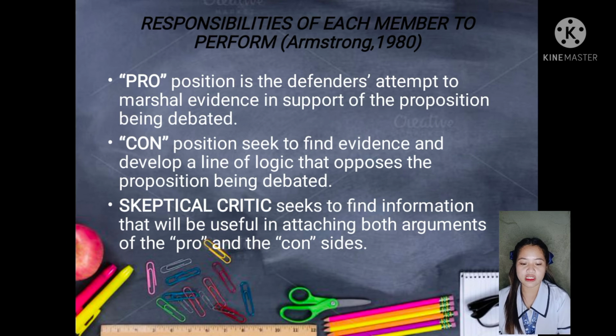Let's move to the responsibilities of each member to perform, by Armstrong, 1980. What do we mean by pro? Pro is the position in which the defenders attempt to marshal evidence in support of the proposition being debated. Con positions seek to find evidence and develop a line of logic that opposes the proposition being debated.